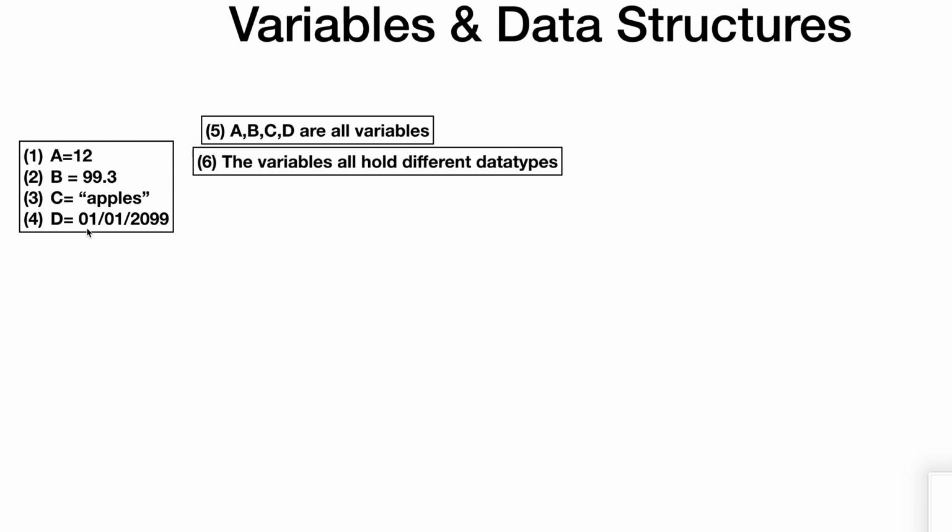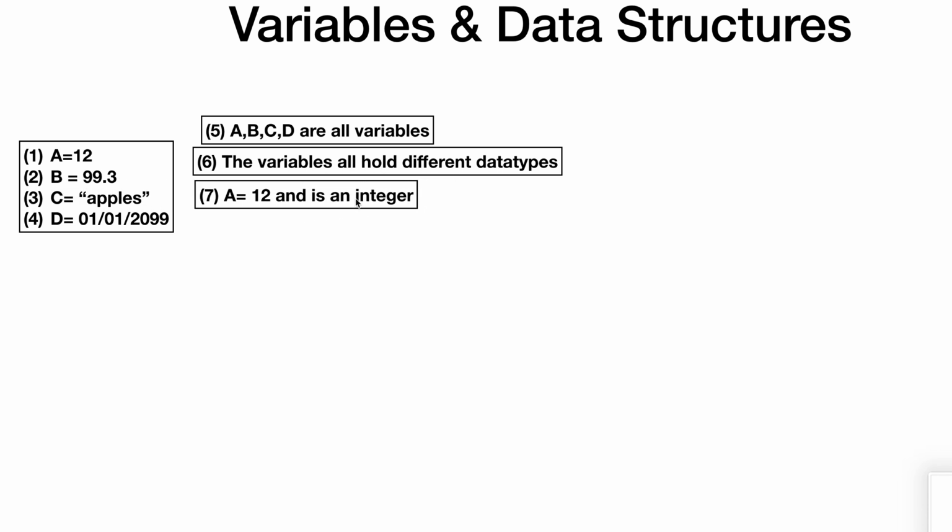Now, here we have 4 different variables: A equals 12, B equals 99.3, C equals apples, D equals 01/01/2099, meaning 1st of January 2099. A, B, C and D are all variables. They all hold different types.